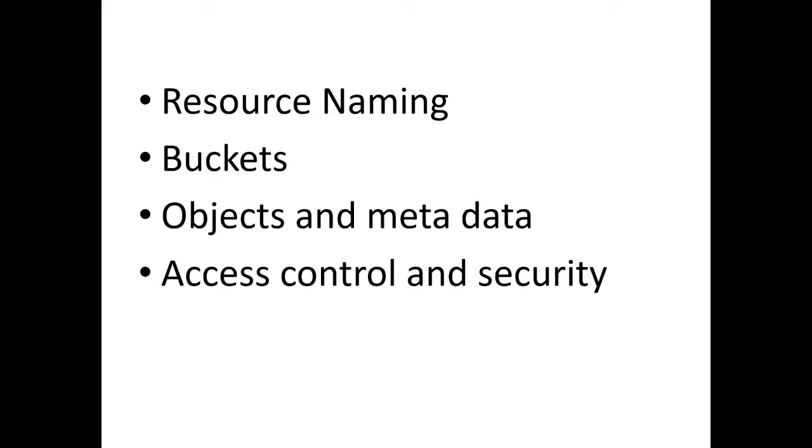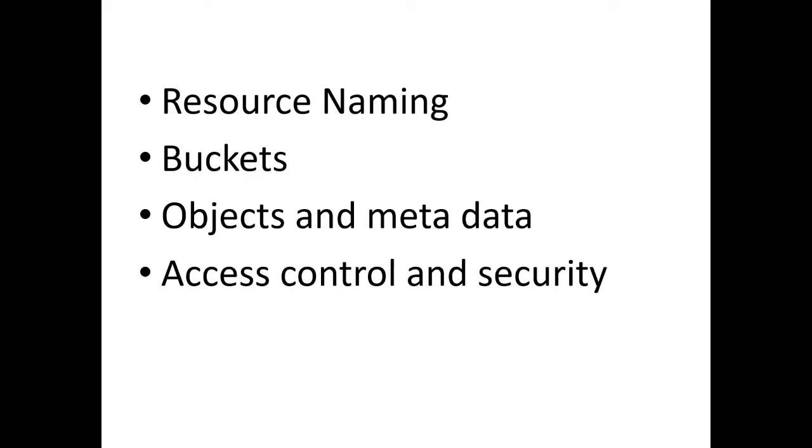Resource naming is one of the key concepts of storage services for Amazon. Buckets, objects and attached metadata are made accessible through a REST interface using a URI, that is a Uniform Resource Identifier. Amazon offers three ways of addressing a bucket. The first one is where the bucket name is expressed as a path component of the domain name.